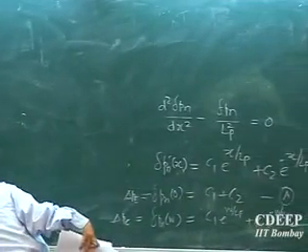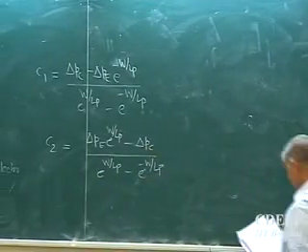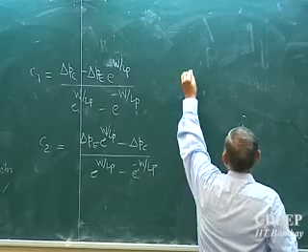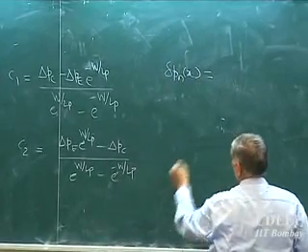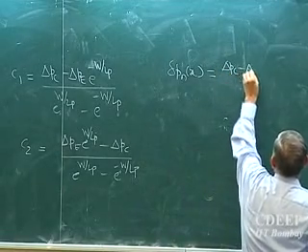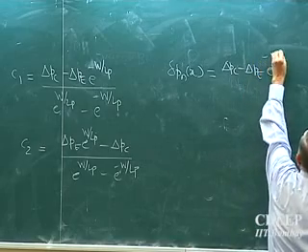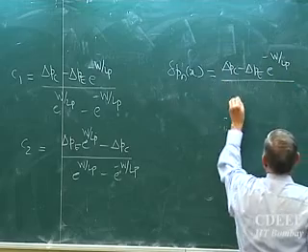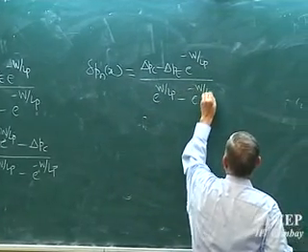Since I know C1 and C2, I can write delta Pn(x) is delta PC minus delta PE e to the power minus W by LP, divided by e to the power W by LP minus e to the power minus W by LP.